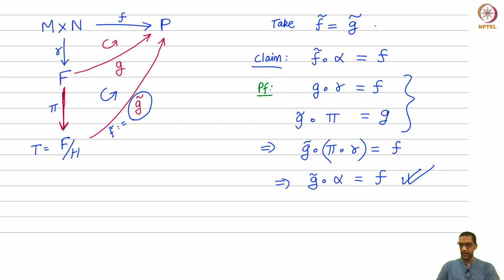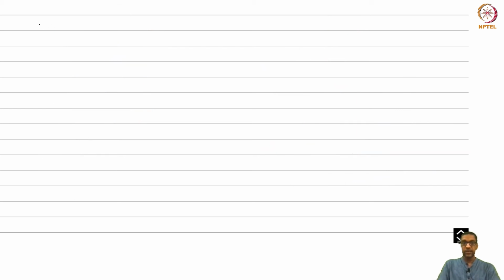So what has this done? It has shown that the pair T comma alpha certainly has the first property, that there exists a map from T to the module P. But further we need to show that this map is unique, right? That's the last remaining bit of the definition.